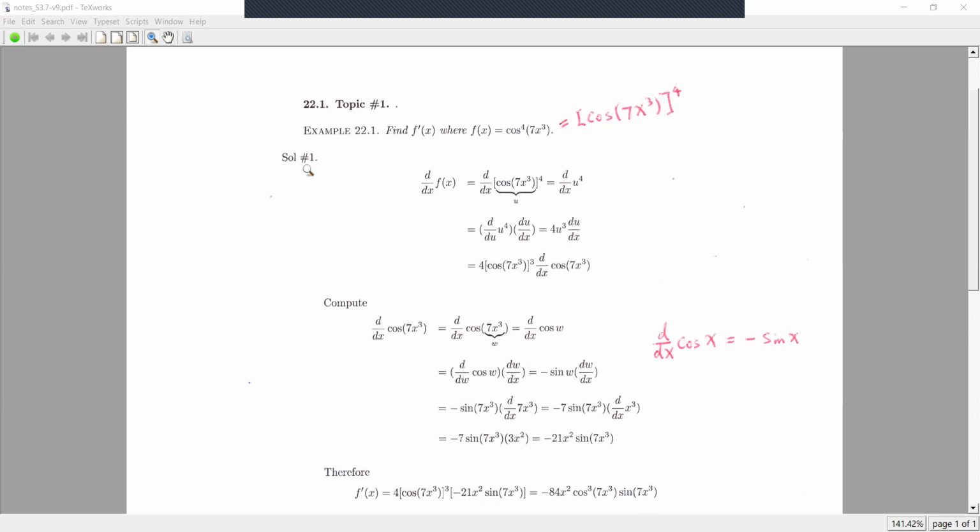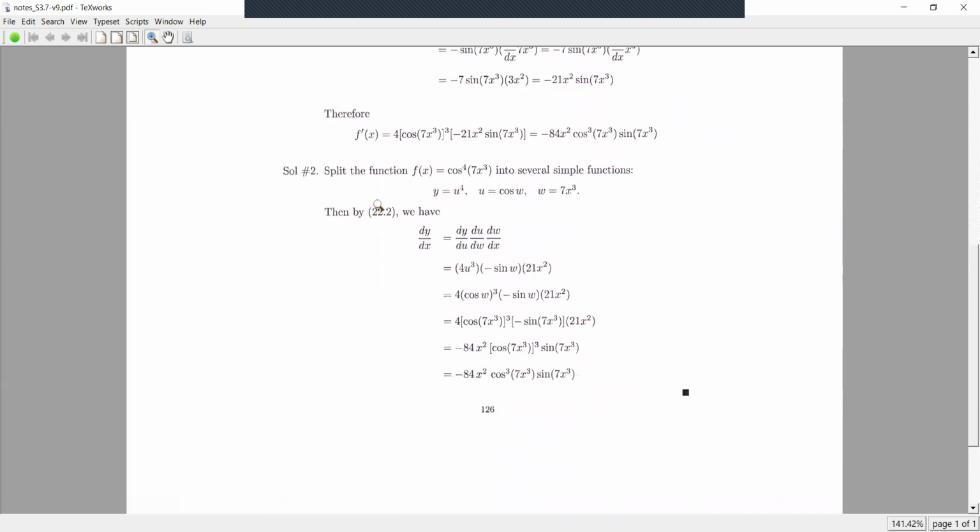In this solution, I apply the chain rule twice to get the result. In solution 2, I use the chain rule with multiple intermediate variables to compute the derivative. This time, in solution 2, I apply the chain rule only once to get the result.